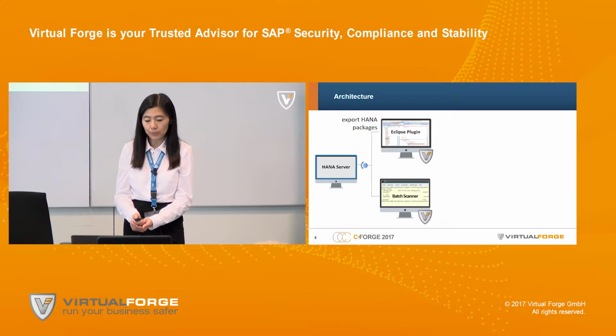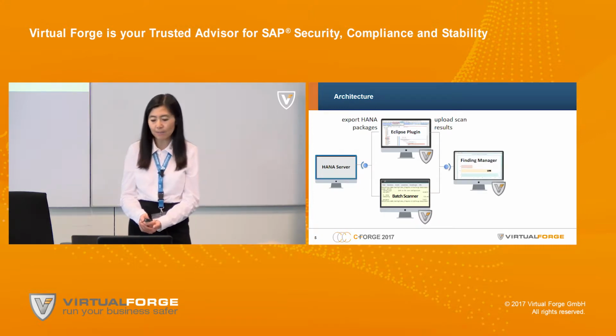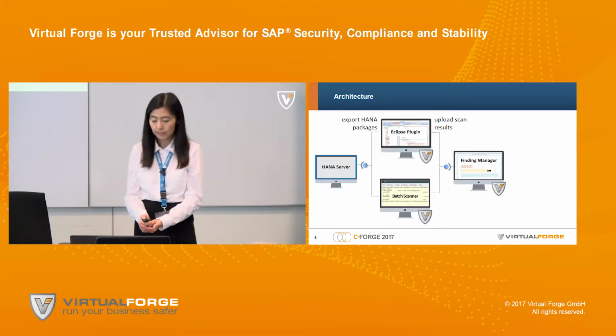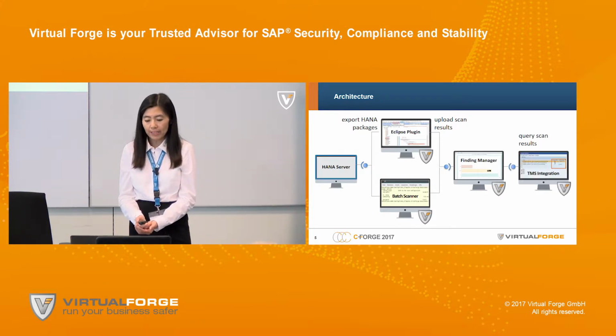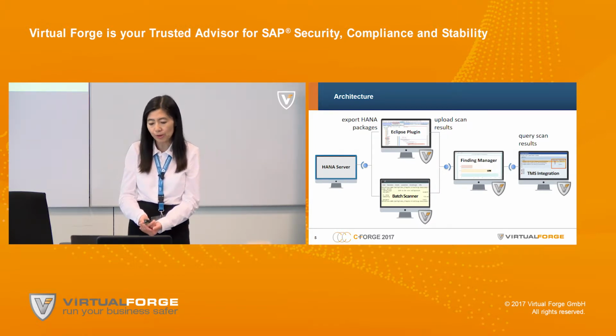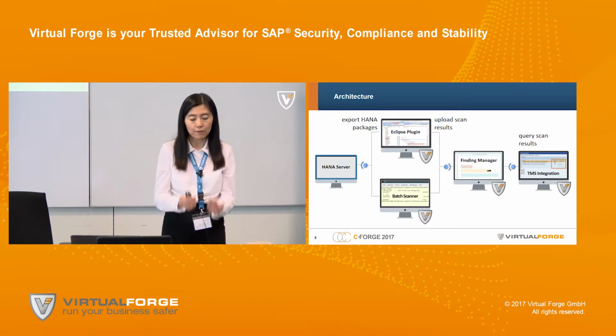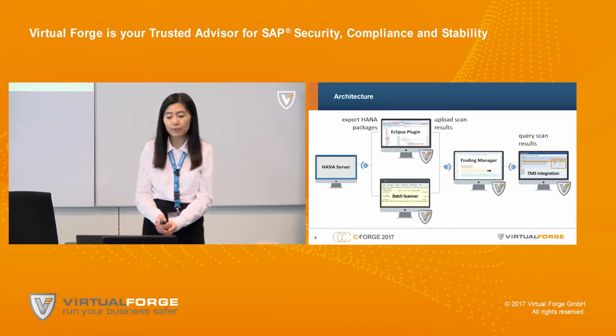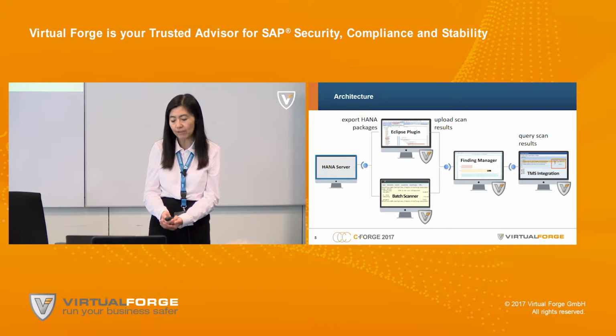Once we completed the scanning, we can upload the results into our finding manager. The finding manager provides an API allowing the TMS integration to query scan results for each object which is included in the transport request. For the TMS integration, we have a separate scanner which is designed for parallelity, for asynchronous processing.